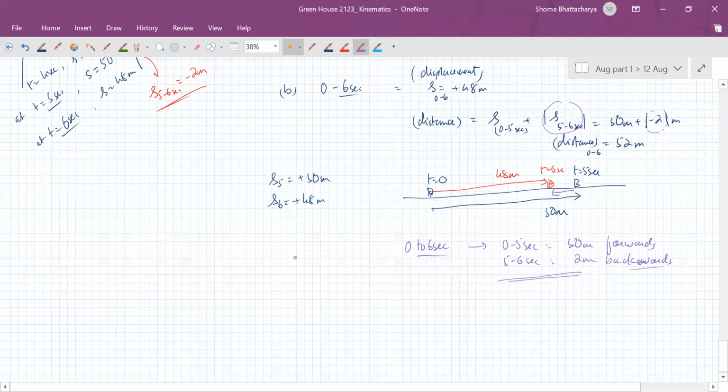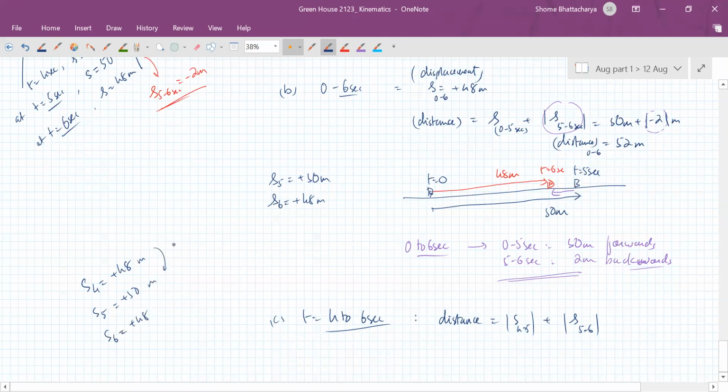Now similarly, you will see that for this part from t equal to 4 to 6 seconds, what is happening? The distance traveled will be the magnitude of displacement from 4 to 5 plus the magnitude of displacement from 5 to 6. Now at 4, what was the position? We had seen it was plus 48. At 5, what is the position? It was plus 50. And at 6, the position is again plus 48.